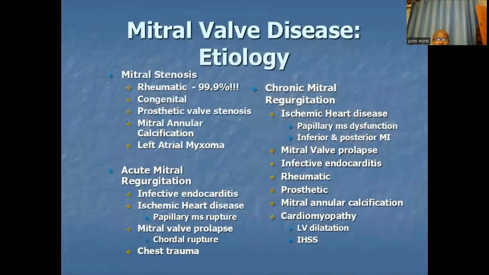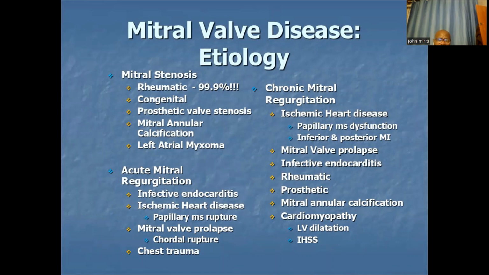So let us look at mitral valve diseases. What is the etiology of mitral valve disease? A patient can have mitral stenosis, and 99% is because of rheumatic heart disease. Others are congenital causes, prosthetic valve stenosis or mitral annular calcification, and left atrial myxoma.